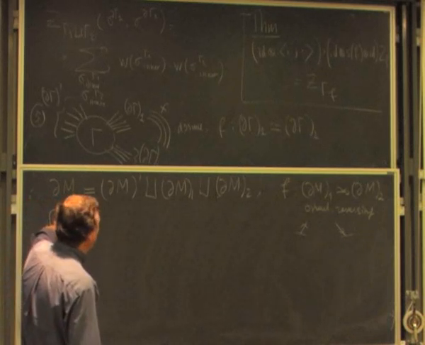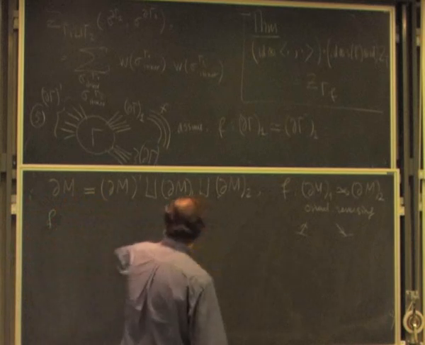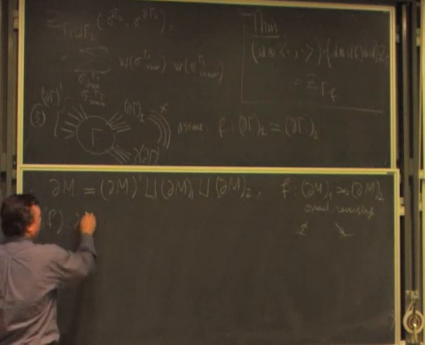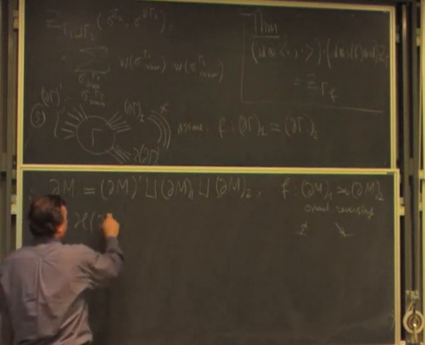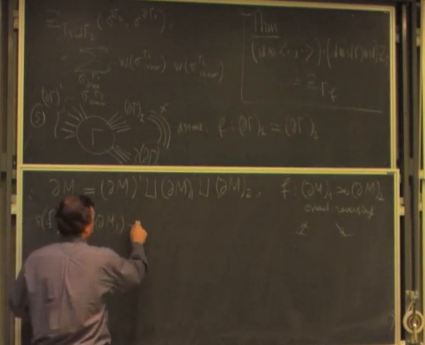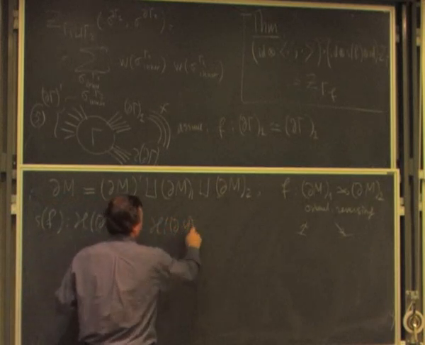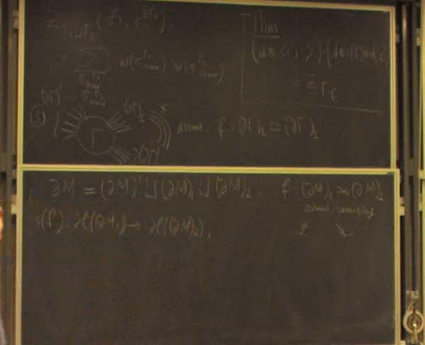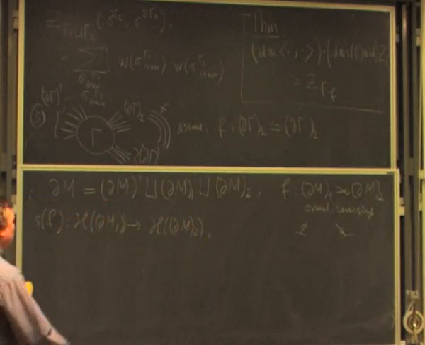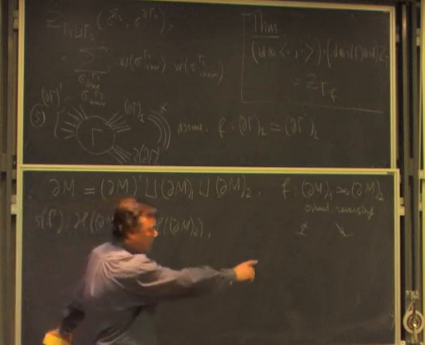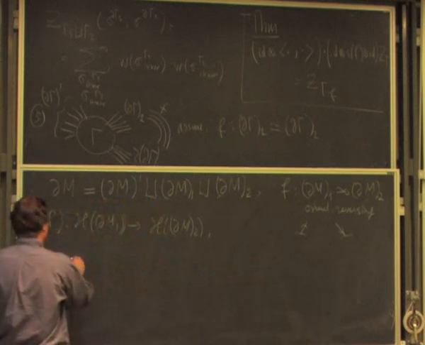Okay, so this leads to an anti-linear map between these spaces, and we have the Hermitian pairing.